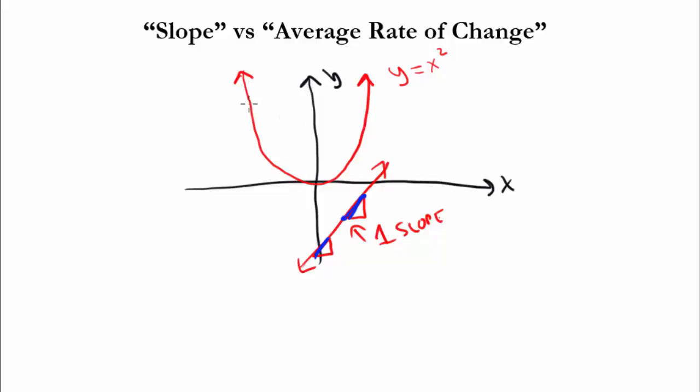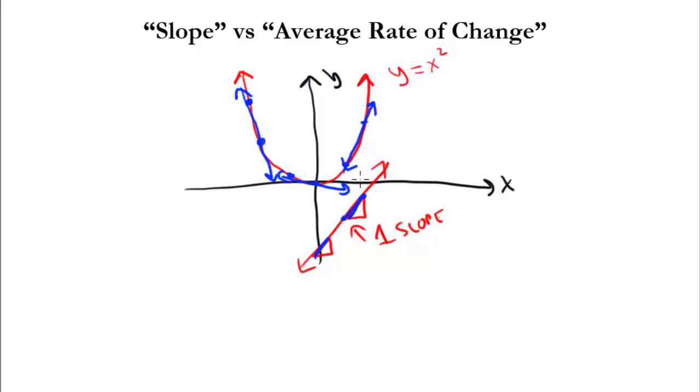However, we could say, it looks like between these 2 points, on average, the slope looks like that. And between these 2 points, on average, the slope looks like that. And over here, on average, the slope looks like this.